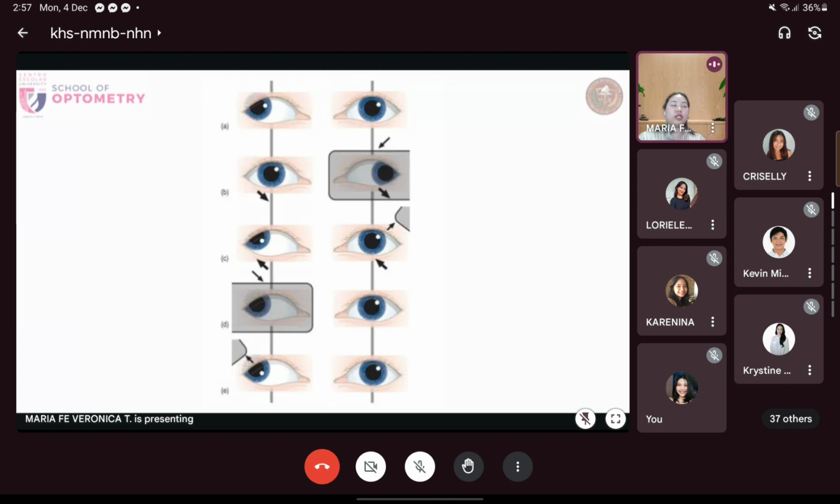So pwede mo siyang i-record as constant exotropia at far, or unilateral right exotropia at far, para at least alam agad nung mag-check, is the deviation at the right eye, at the left eye, or is it constant, or is it intermittent, then is it manifested at far distance or at near distance.